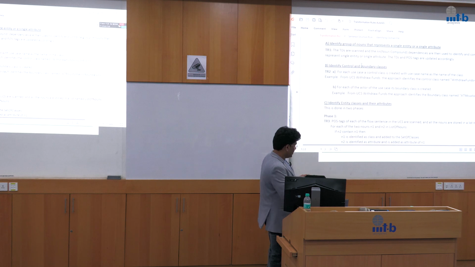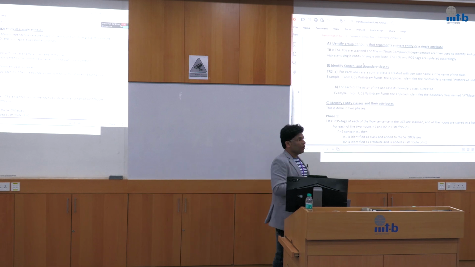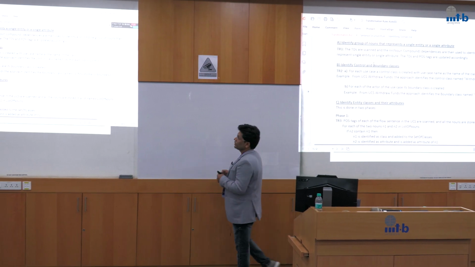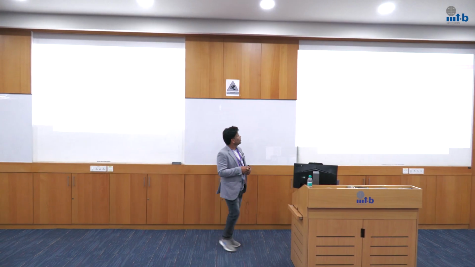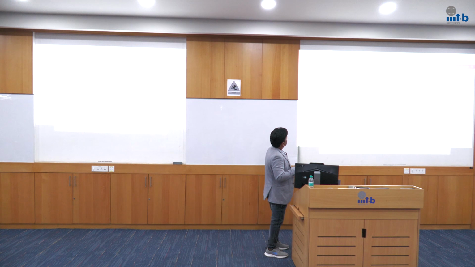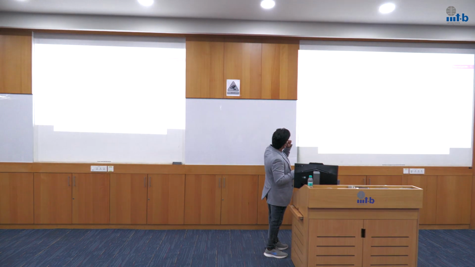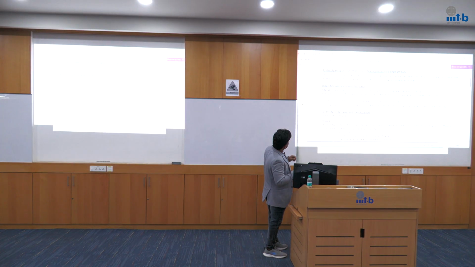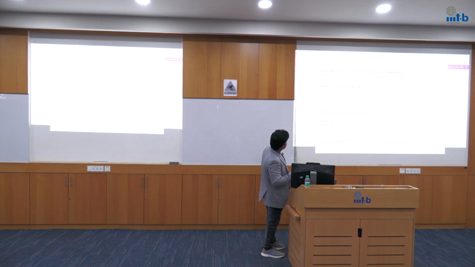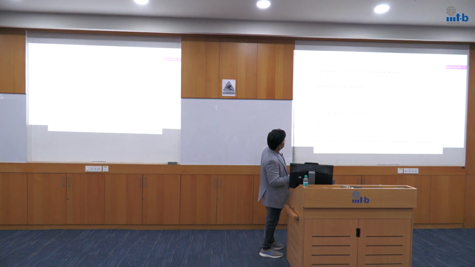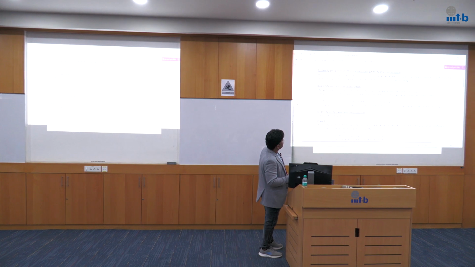So we identify these three kinds of objects: entity objects, boundary objects, and control objects, from the use case specifications and its sentences. To identify the control and boundary objects, for each use case, a control class is created from the use case name. Suppose the use case is withdraw funds, so one control class is created for that particular use case.